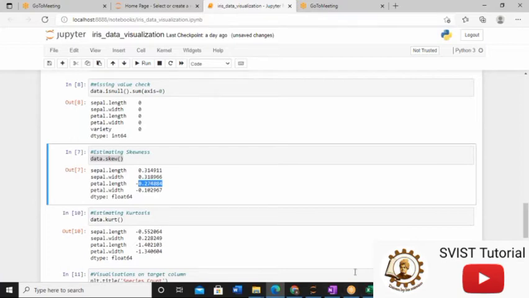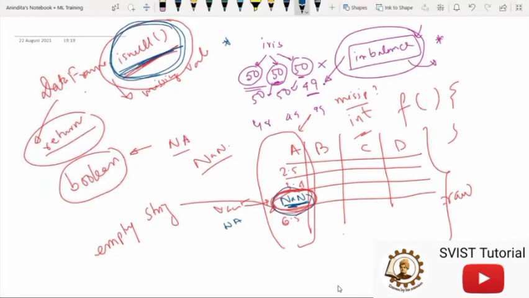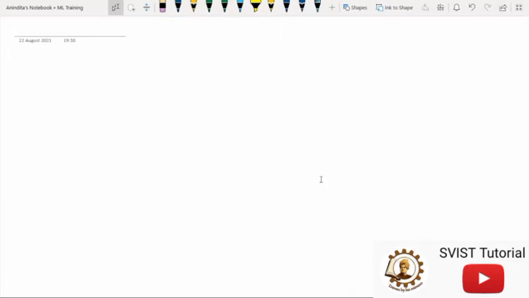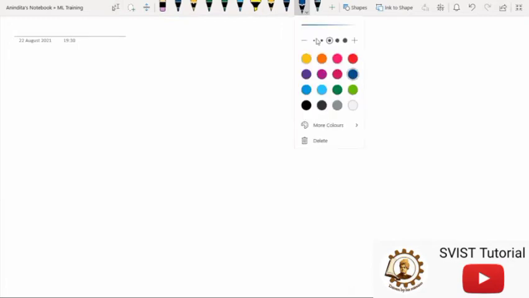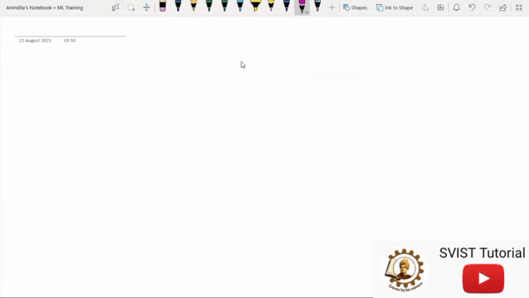Let me explain the basic concept of skew first. If you ask me what this skew function is, I will tell you that it is responsible for computing the skewness of the data present in a given axis of the data frame object.